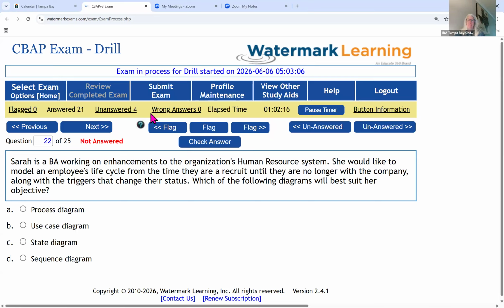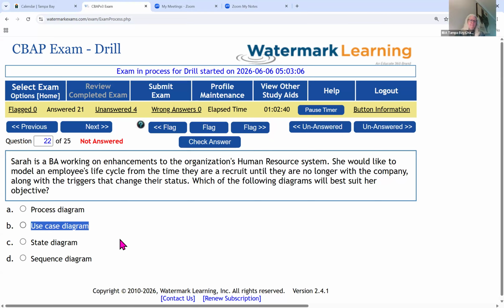Which one can we eliminate? Eliminate the use case.